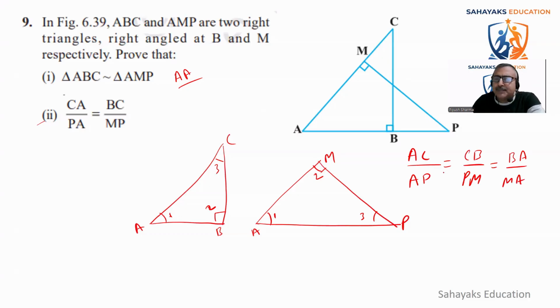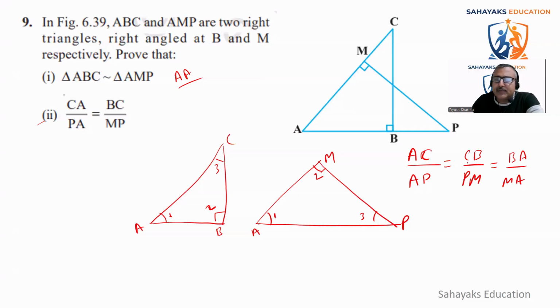Okay. So now, let us check again. There's something wrong, I believe I've done. A is showing in many places. Okay, between 1 and 3 is AC, 1 and 3 is AP. So AC by AP, this is correct.